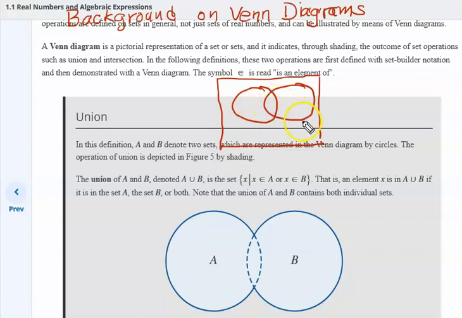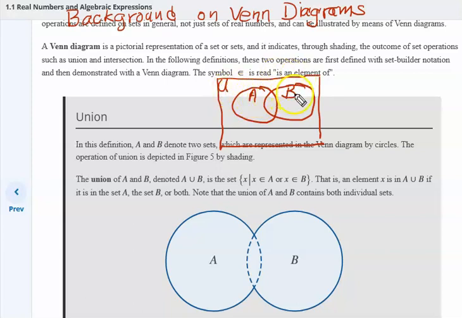Well, we often describe these sets by using capital letters. Let's say this would be set A, and this would be set B. And this is within a universe of things we're talking about. We often use the symbol U for the universe.